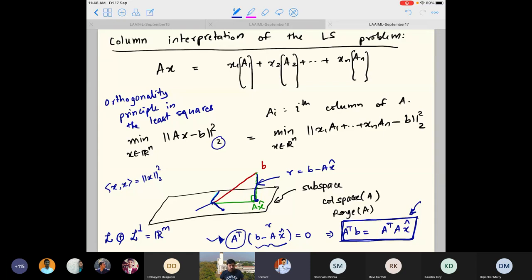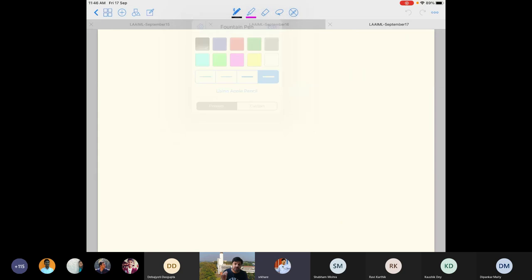So this is a very beautiful interpretation. One more thing that I want to mention in passing, though I will not spend too much time on it at this point, maybe a little later, is the following. What did we say?